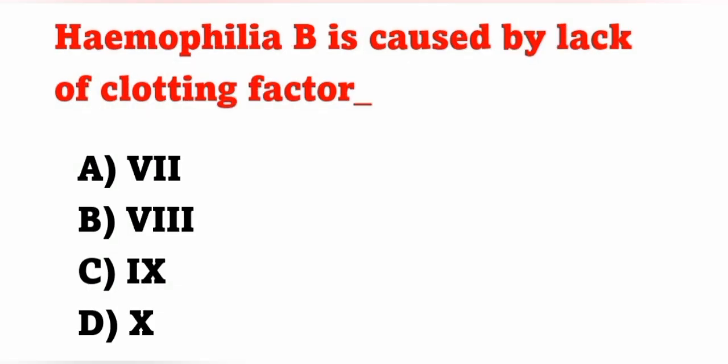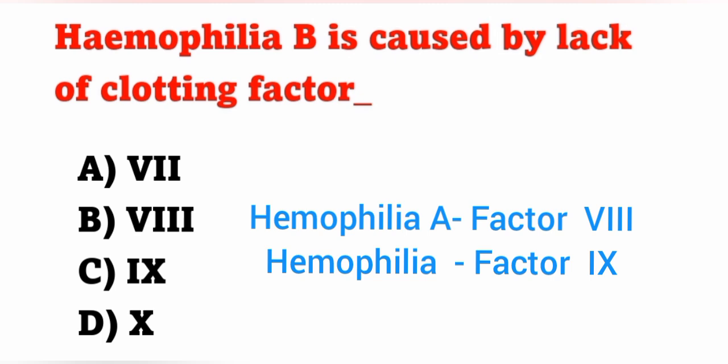And the next question, hemophilia B is caused by lack of clotting factor. Options: option A 7, option B factor 8, option C factor 9, and option D factor 10. Hemophilia A and hemophilia B are there. Hemophilia A is caused by lack of clotting factor 8.